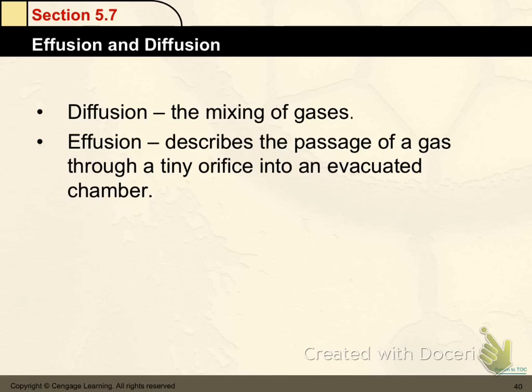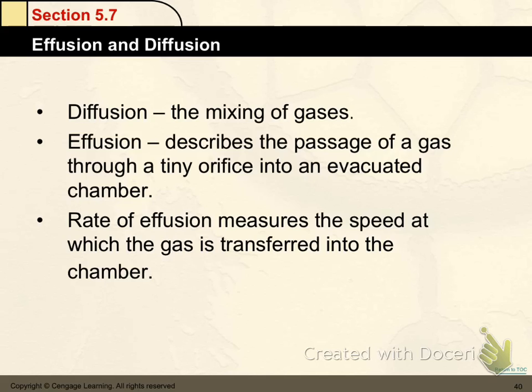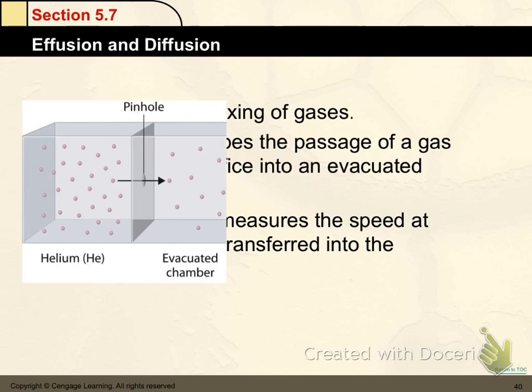And you might ask yourself, how long will it take for some of those gases to move through that little dot in the partition so that they fill the other side of the box? Well, different gases do this at different rates, and that's called effusion. We can actually measure the rate of effusion. The rate of effusion is going to be the speed at which the gas is transferred into the chamber. So we'll get back to that in a second.